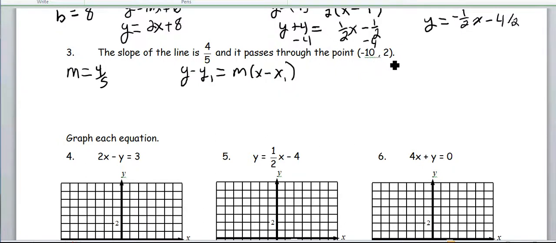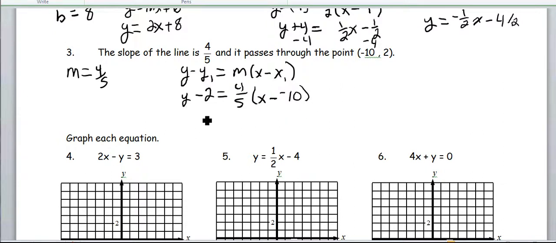Now, we only have 1 point, so we have to use this one. So I'm going to write y minus 2 equals, now my slope is 4/5 times x minus, it's always going to be minus, and then I'm going to put negative 10.